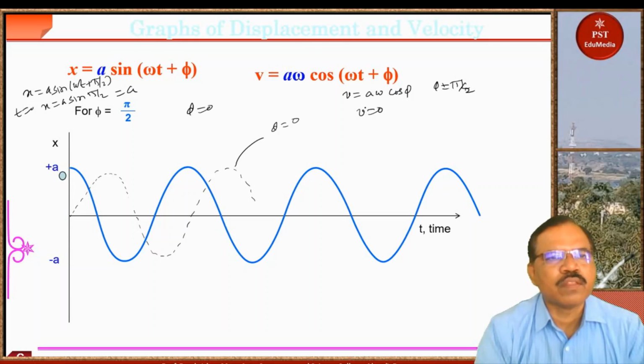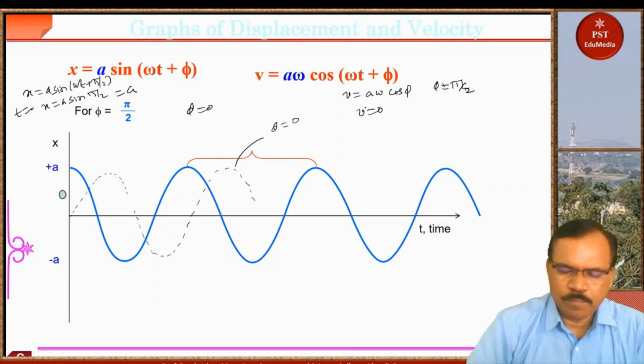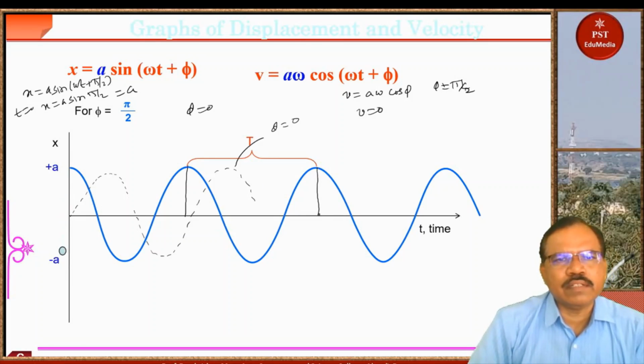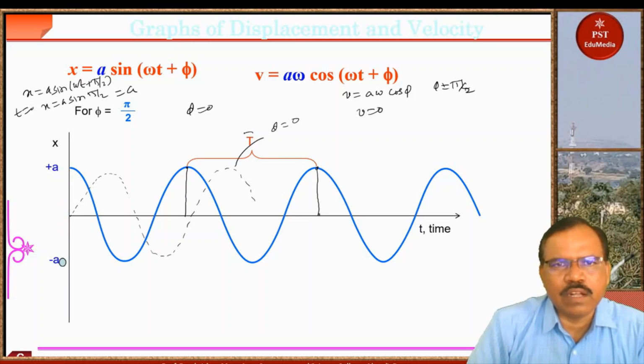Now see here, if we take this maximum to this maximum, plus a to plus a, one cycle is completed, and for that cycle we require time T. This is called periodic time.